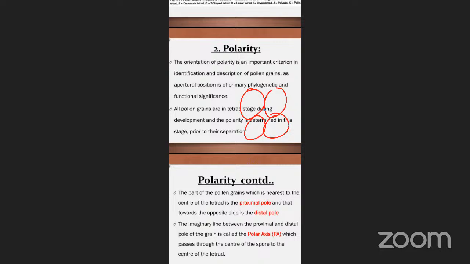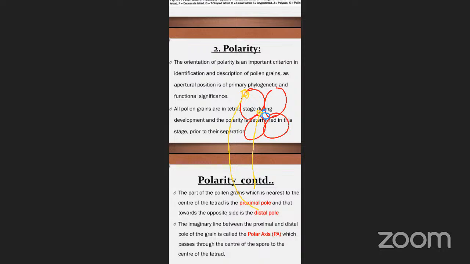In the tetrad, the proximal pole, and toward the opposite side the distal pole. That means if the pore is present here, yellow color, that is the proximal pole, and exactly opposite, this is the distal pole. This is the distal pole. The one nearest to the center is the proximal pole, and this one is the distal pole.